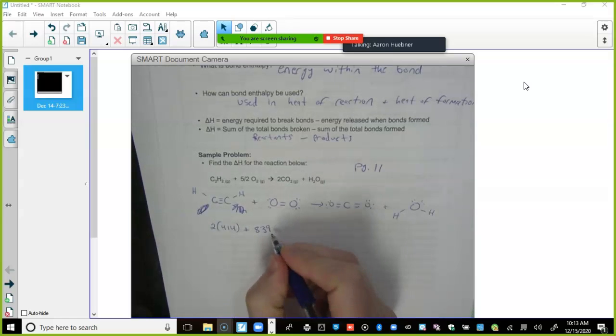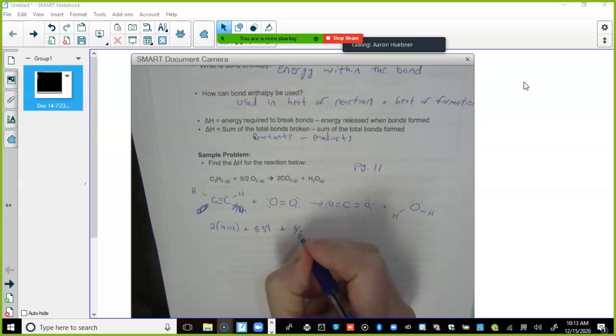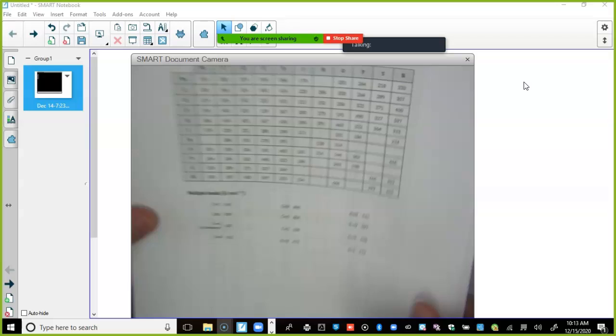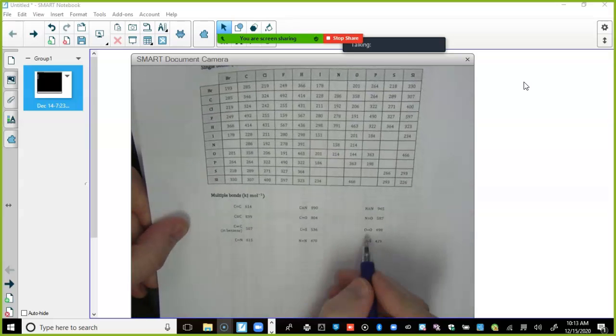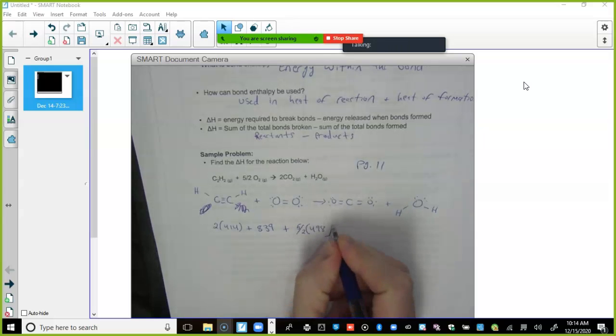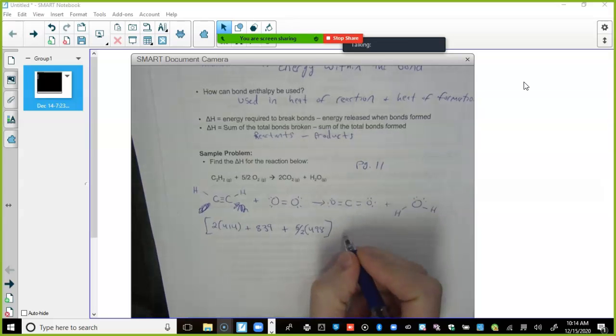And there's just one of those. And then plus my O2, which looks like I got 5 halves of them. So I'm going to do 5 halves of my O2. Where is it? OO double bond, 498. Put this in those brackets. And I'm doing reactants minus products.